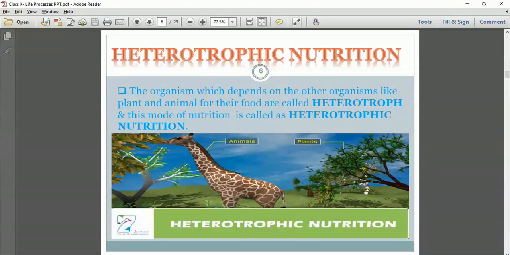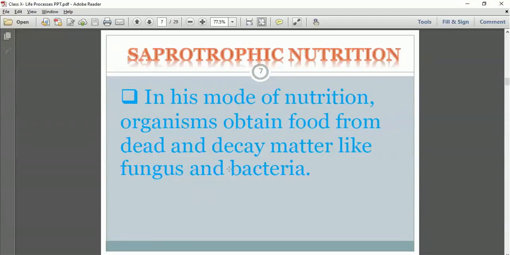Like you can see, animals depend on plants. This giraffe is dependent on plants for its survival, for its food. So the giraffe is a heterotroph.